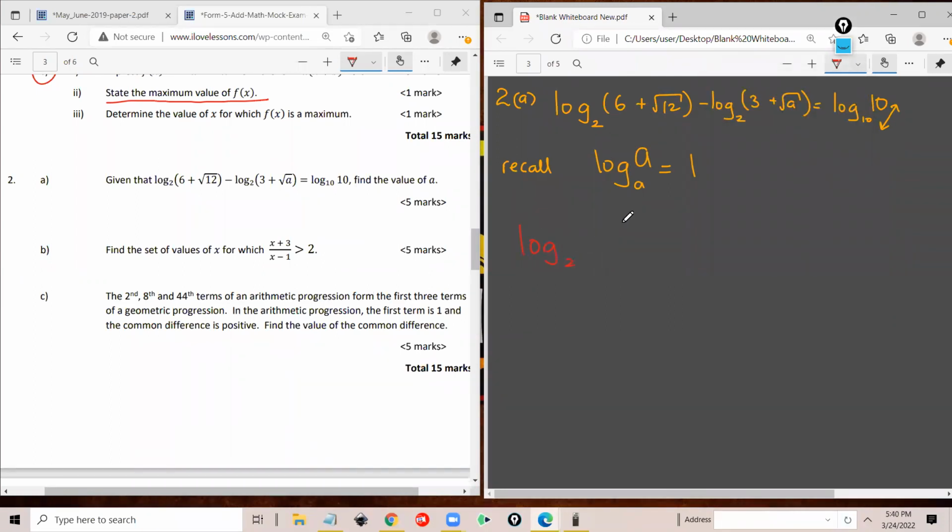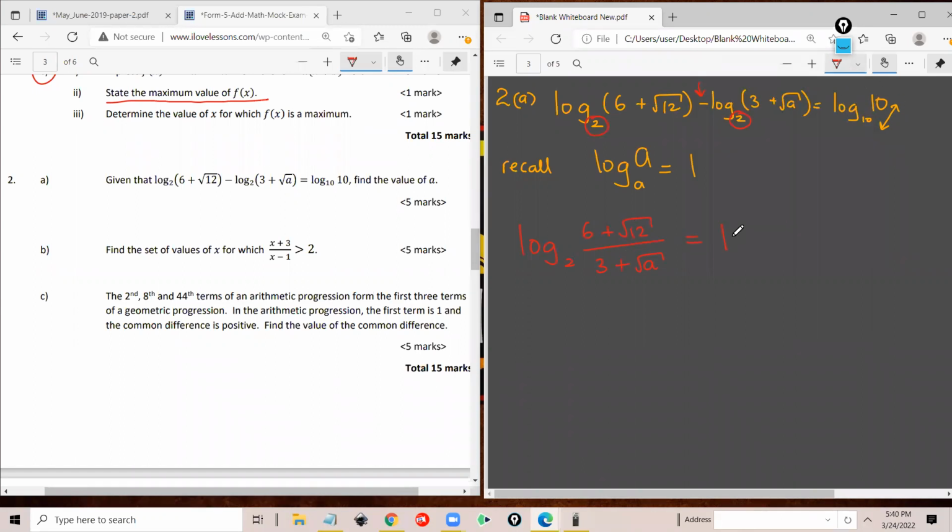Log 2, well, you notice that there's a minus sign here, and both of them have the same base. So same base means we can divide both items. So we're going to end up with 6 plus the square root of 12 divided by 3, the square root of A, and this whole thing is equal to 1.